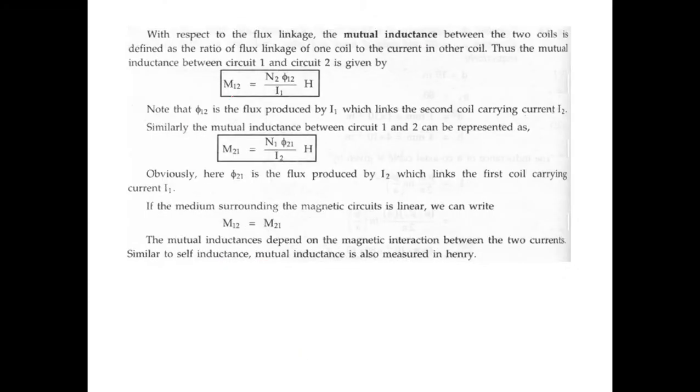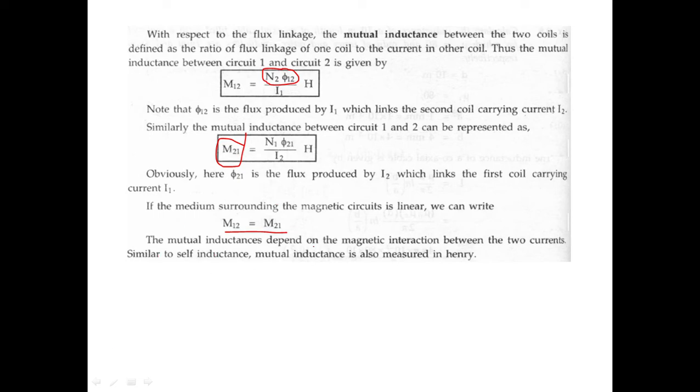So now M12 will be N2 phi12 by I1 Henry. So this is the flux linkage in one of the coils due to the current in the other coil. Similarly M21, right? So these are the equations for mutual inductance. But we can write M12 as M21 because both will be the same, right?